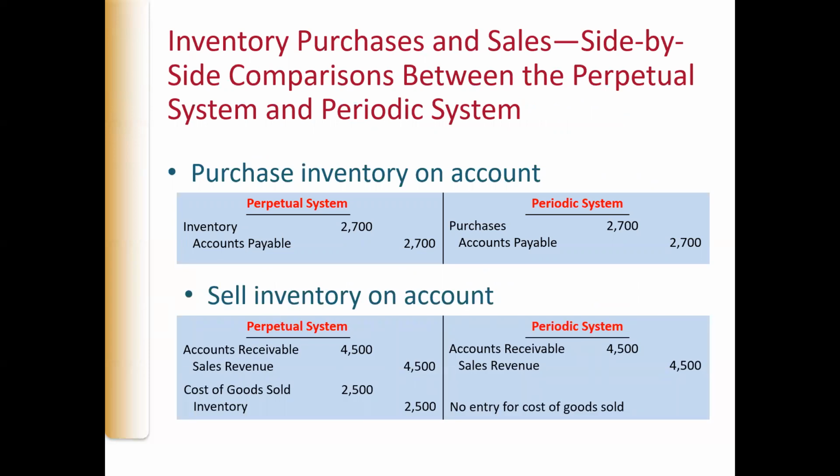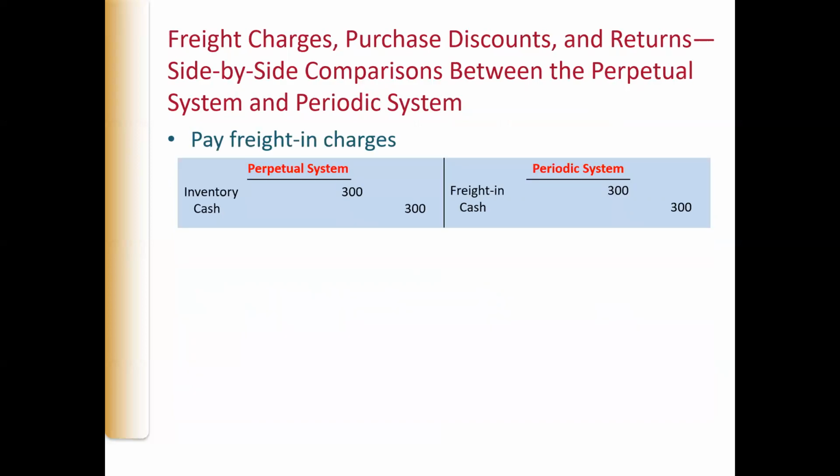When we sell items, we don't show the reduction of inventory and the increase of cost of goods sold. We deal with that at the end. We only show the accounts receivable and the revenue. Then on freight charges, instead of increasing the inventory, we debit our freight in.